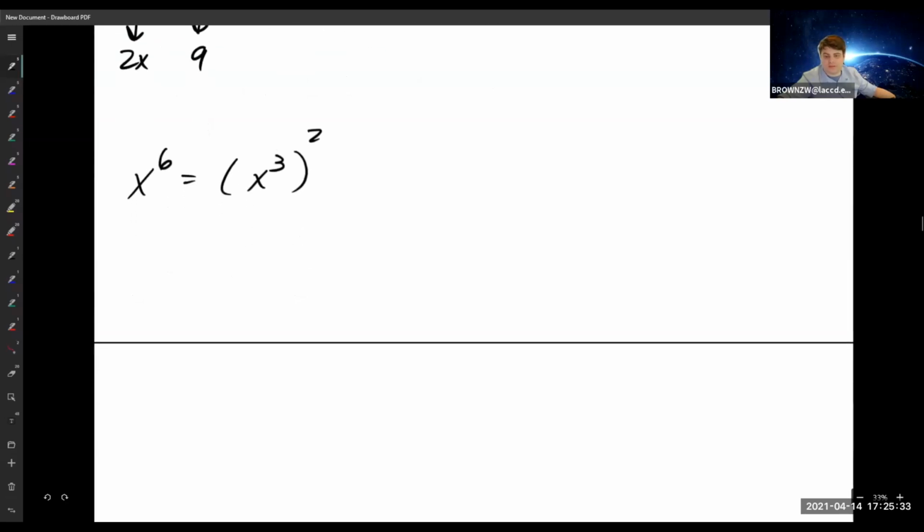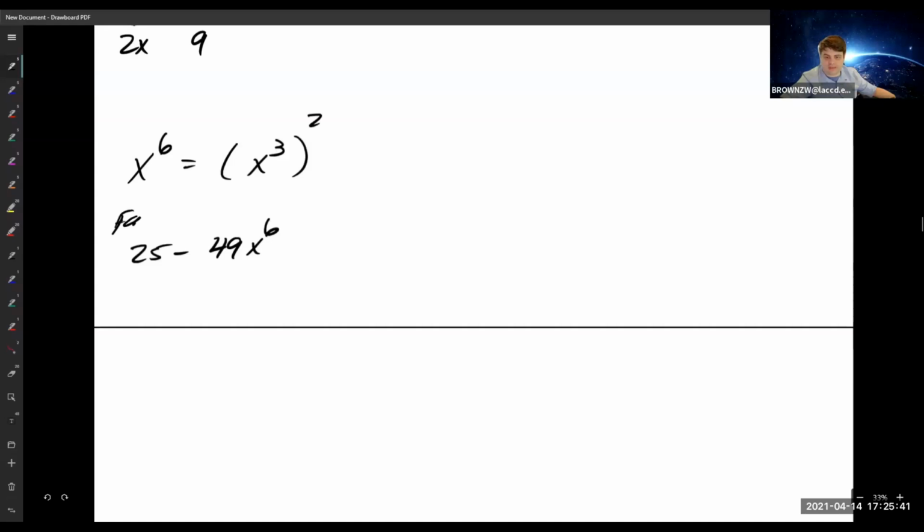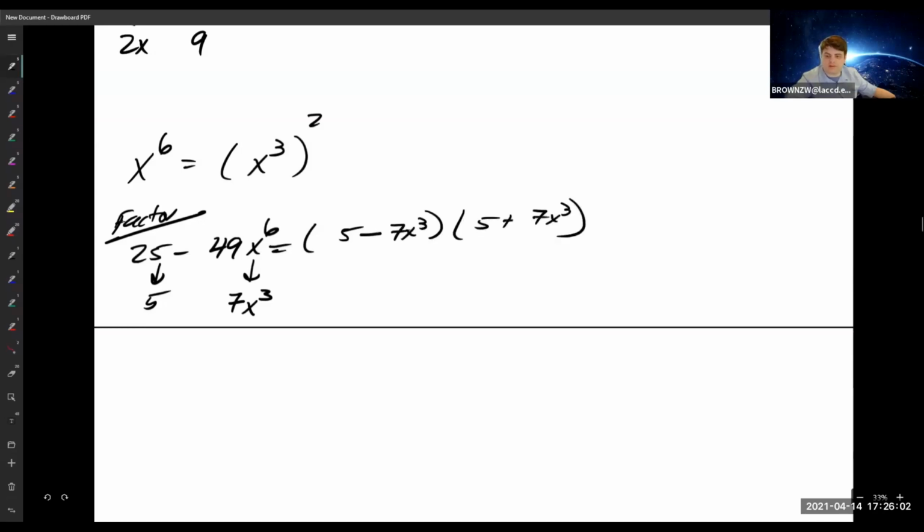So if we have something like 25 minus 49x to the 6th, it has to factor. This is a perfect square of 5. This is a perfect square of 7x cubed. So we could factor this into 5 minus 7x cubed, 5 plus 7x cubed.